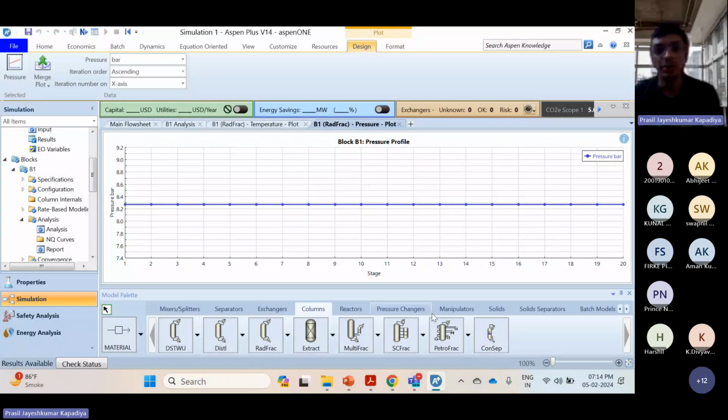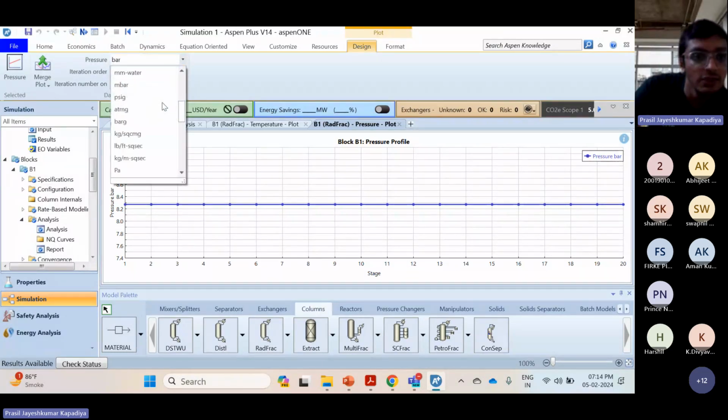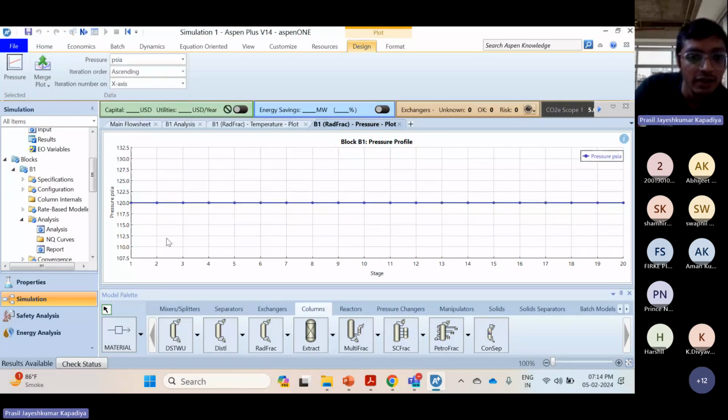We have told in our question that the whole column is operating at 120 psia pressure. I can change the units from here also. Yeah, so it's 120, not 300, 120 psi. So pressure is constant throughout the simulation.